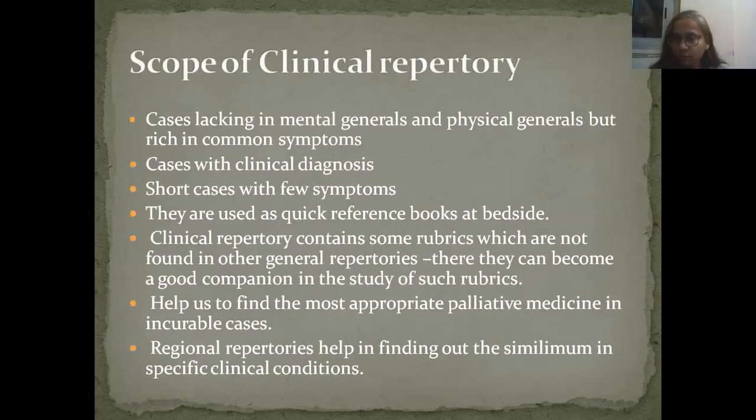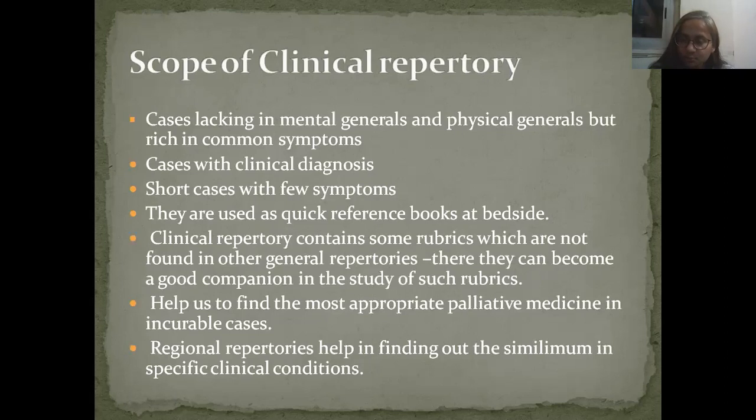So what is the scope of clinical repertories? Where would we use them? Cases where the mental and physical generals are lacking, but they are rich in common symptoms. Okay. Then cases with only clinical diagnosis. For example, somebody comes to you, he says, I feel very weak, I have diabetes, my sugar is so and so, and my thirst is also high.